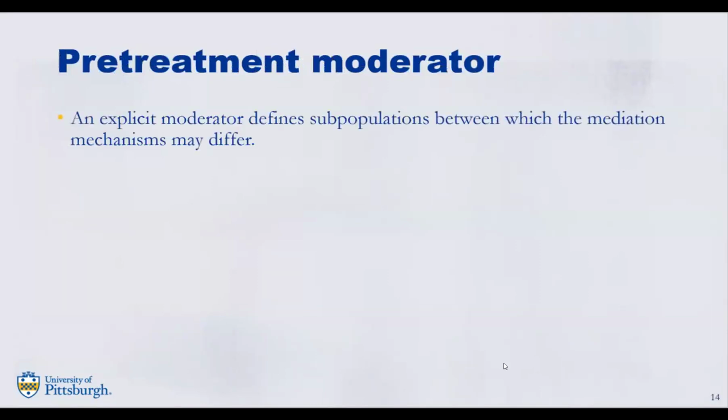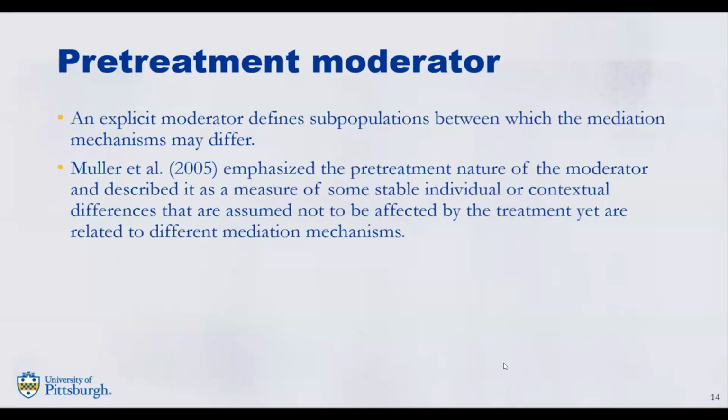Here I want to briefly mention the pretreatment nature of the moderator. An explicit moderator defines subpopulations between which the mediation mechanisms may differ. Mueller and colleagues emphasize the pretreatment nature of the moderator and describe this as a measure of some stable individual or contextual differences that are assumed not to be affected by the treatment, yet are related to different mediation mechanisms.